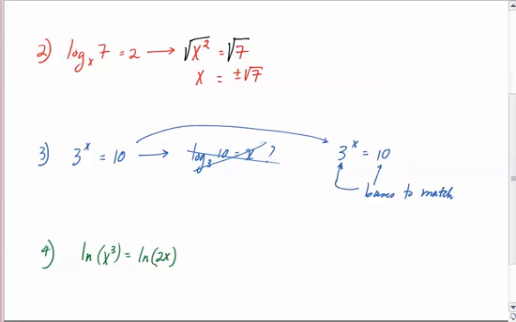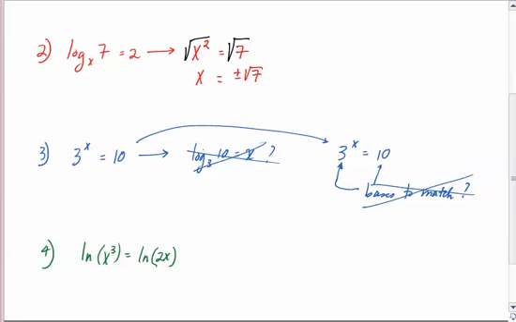Well, no, I can't get 3 and 10 to be rewritten as two bases that match. So the answer is no. What I'm going to have to do is wait until I have more information, more tools in my little toolbox, to actually find the x value. I could guess and check with a calculator, but that's not our goal here.